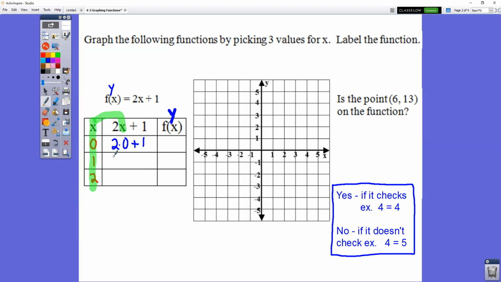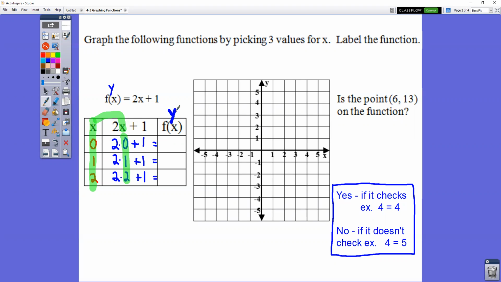Then 2 times 1 plus 1. And then 2 times 2 plus 1. All that you're doing is subbing in the values for x, just like you did back in 3-1. Whatever you get for an answer is going to go in your f of x column.